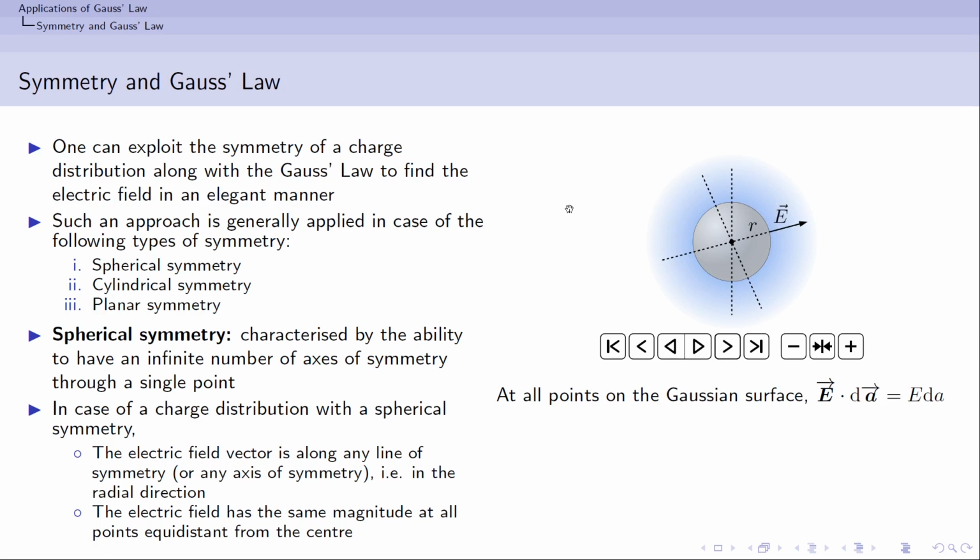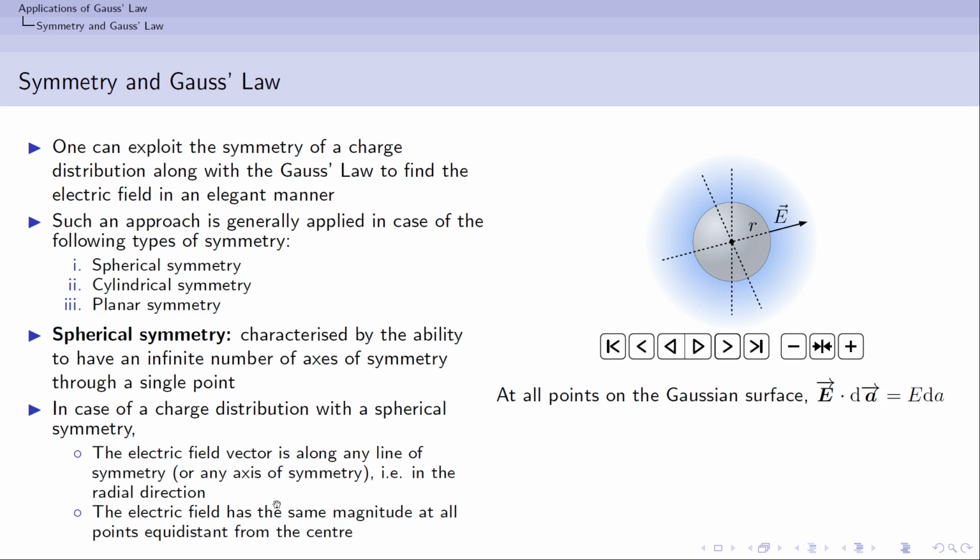Because if you remember, flux is the surface integral of the electric field. So choosing any other surface would have given us only the flux. But if you want to extract the field from that surface integral, then we need to choose a surface which is spherical. Okay, so this is our Gaussian surface.